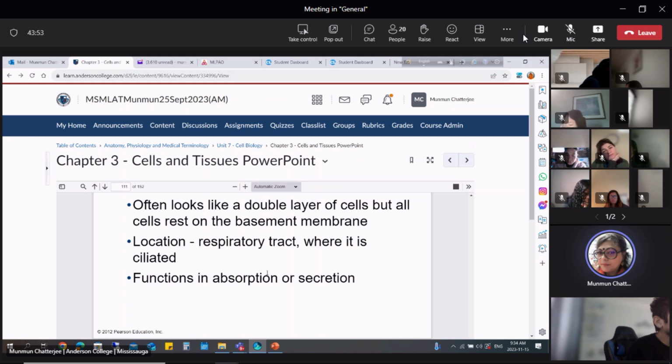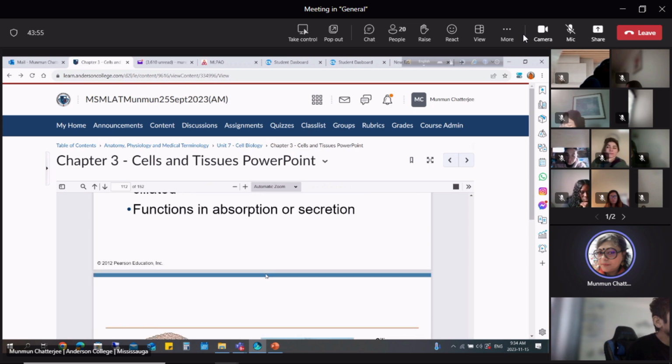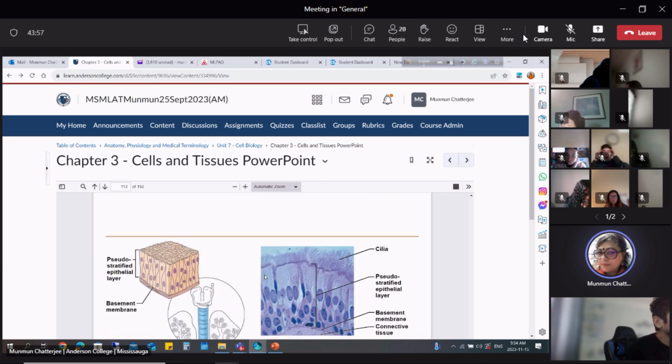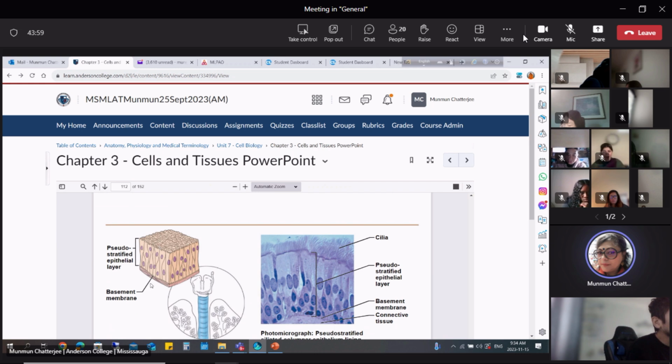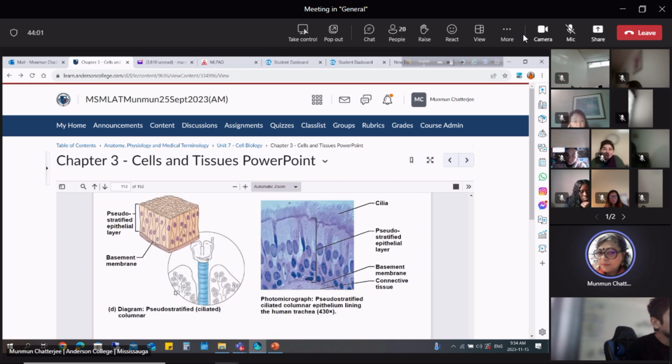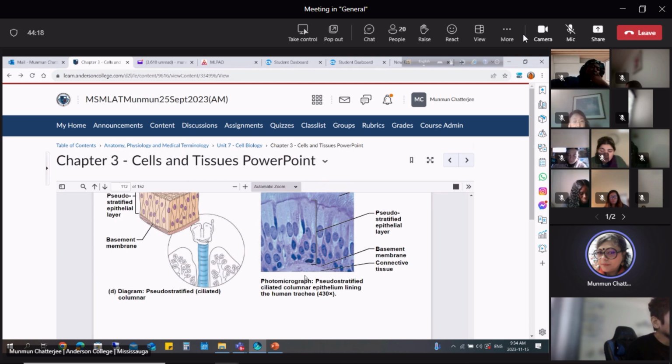Okay. And function is absorption or secretion. So these are the pseudo-stratified epithelial layer. It is mainly found in the lungs, in the cavity. So how it looks like, you can see sometimes one is smaller than the other one.